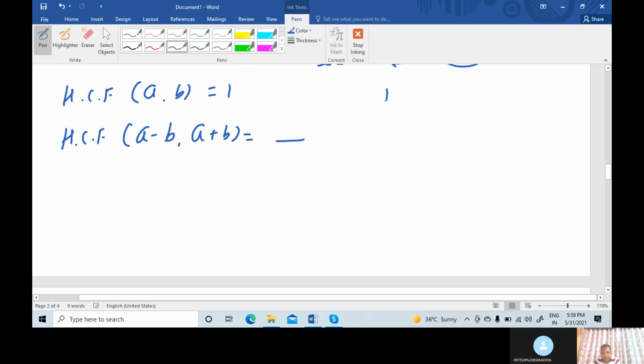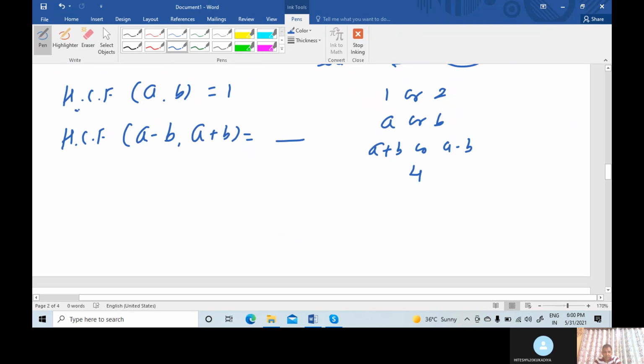Options are given. First option 1 or 2, second option A or B, third option A plus B or A minus B, and the last option is 4. Total 4 options are given here.